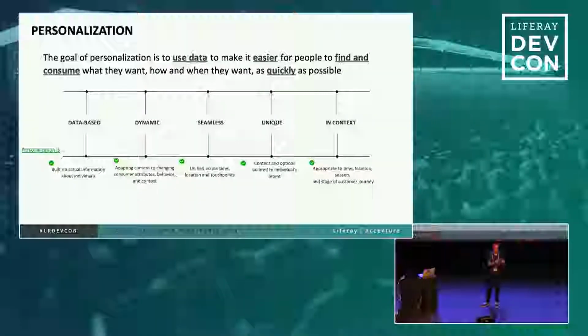If a different user clicks on different links, they have a different profile, a different nature. All the information should be unique to him, and all the campaigns, all the personalization of the website should be just for him, and it should be in context.